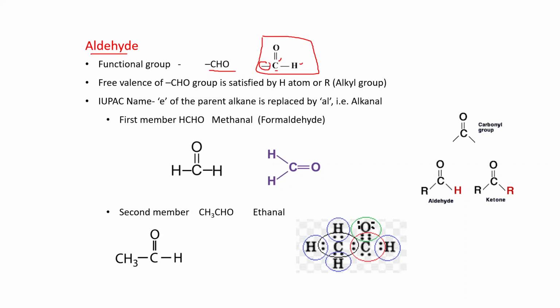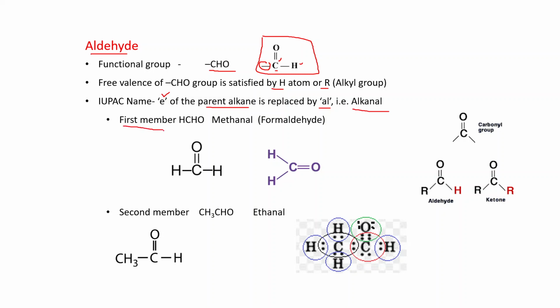This free valency may be satisfied by a hydrogen atom, or by an alkyl group. For the IUPAC name, the E of the parent alkane is replaced by AL, and then we get alkanal.